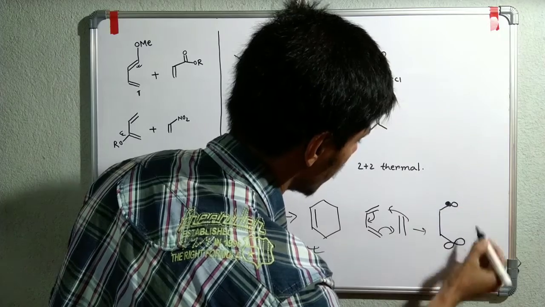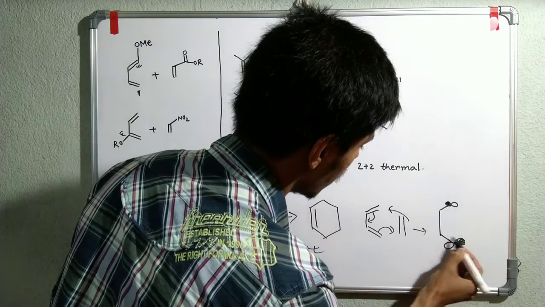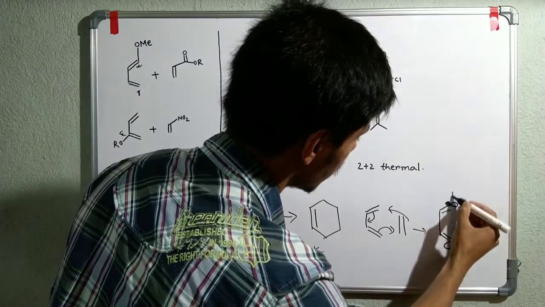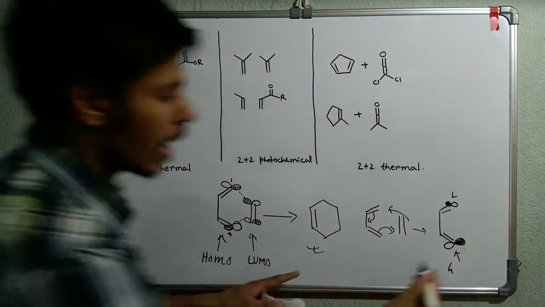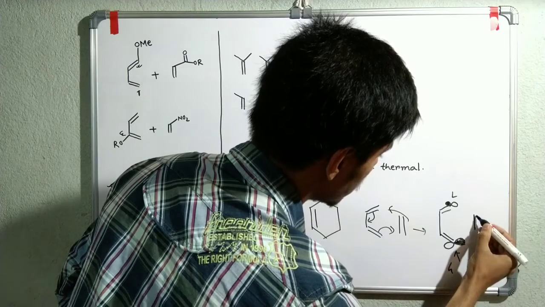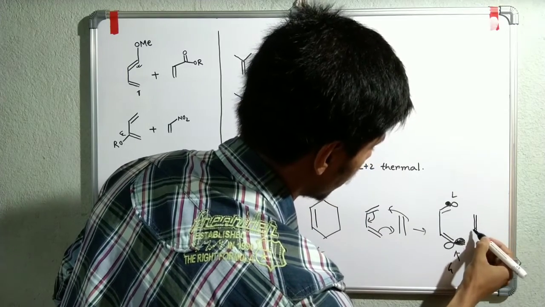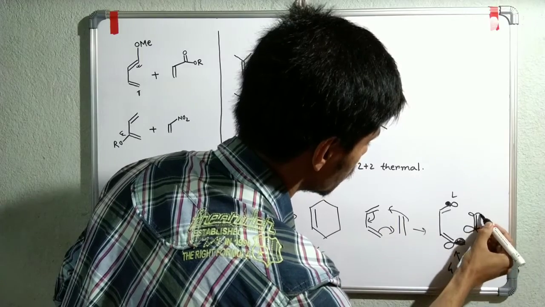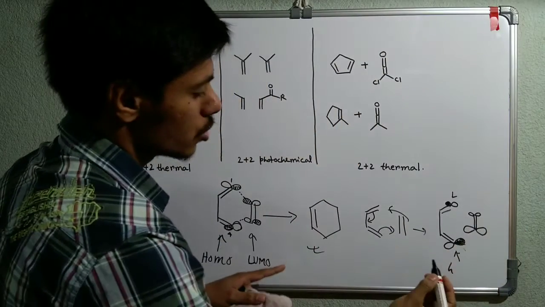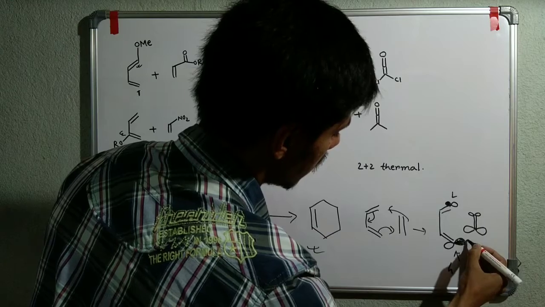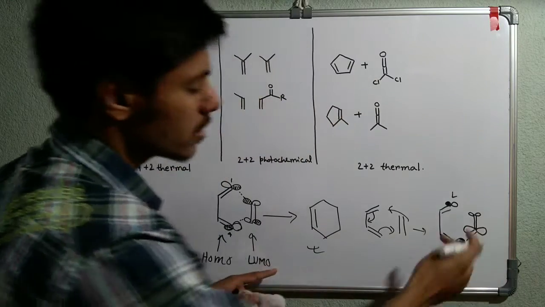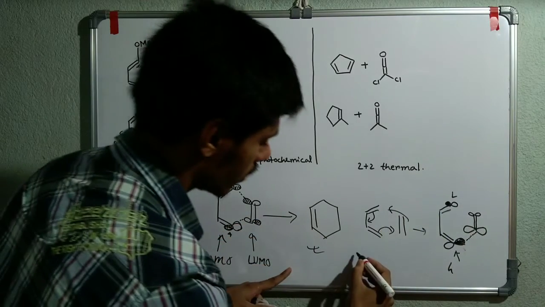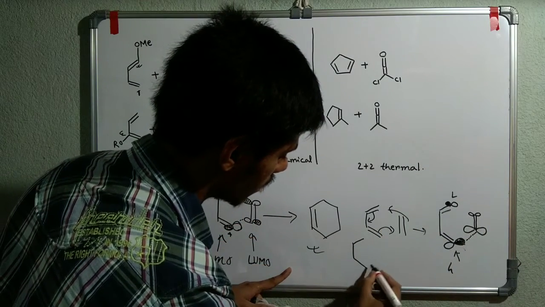By the size of these lobes you can understand that this has a higher coefficient of HOMO and this has a lower coefficient of HOMO, right? And now let's say this is the LUMO of the dienophile. So let's say it has a higher coefficient of LUMO here and a lower coefficient of LUMO there. So in the transition state, bond formation on this side has started, but on this side the bond formation has not yet started. So the transition state will look like this.